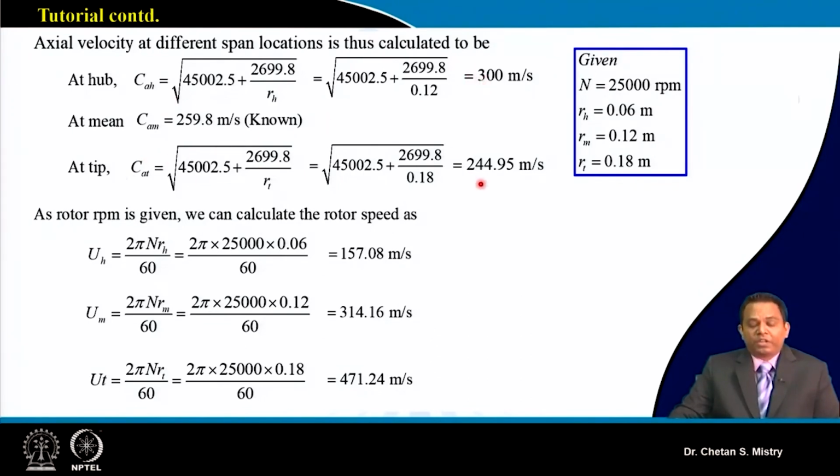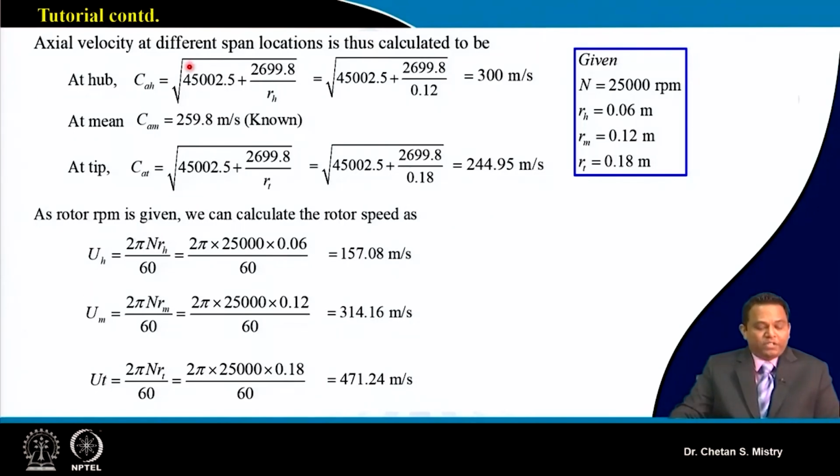At the tip station this is coming 244.95 meter per second. Okay. So, do not assume axial velocity to be constant. Be careful. You are given the variation of whirl component in a formulation form. That is giving you the hint that my axial velocity is not remaining constant.